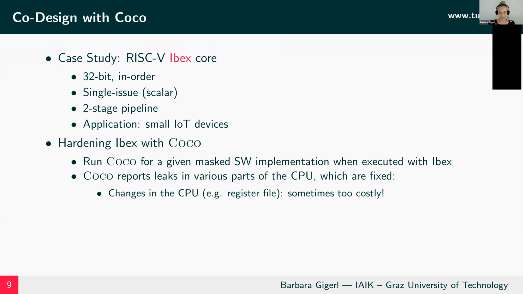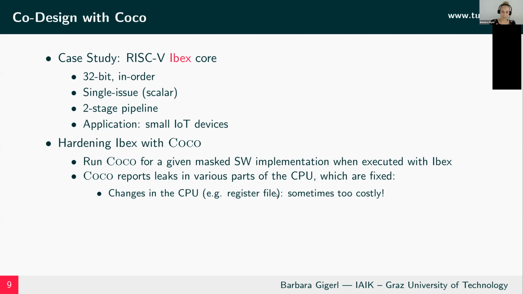First of all, sometimes we decided to do changes in the CPU or in the hardware itself. So this would, for example, be the same as we did in the register file. We introduced this gating mechanism to enable secure register reads.